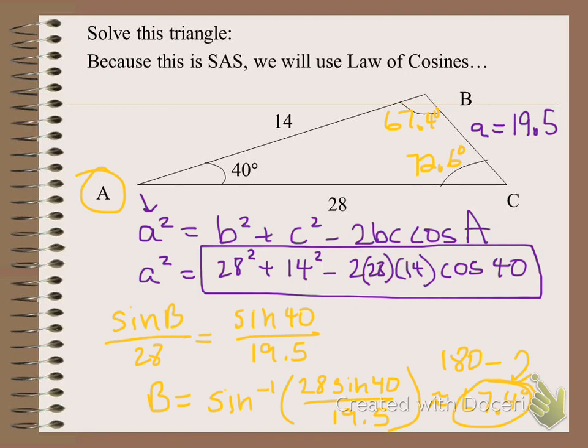Okay? But just as a general rule, that's why we always have to find the smallest remaining piece first, because the law of sines does not work well with obtuse angles. If it's an obtuse angle, which this triangle is an obtuse triangle, you're going to mess up.